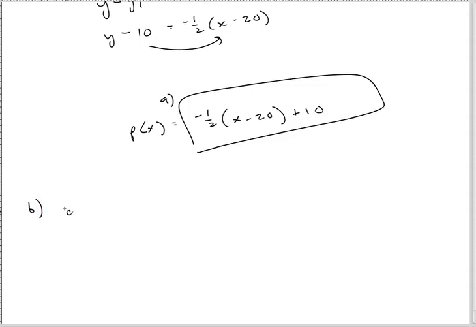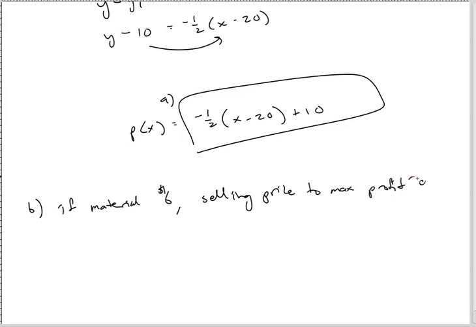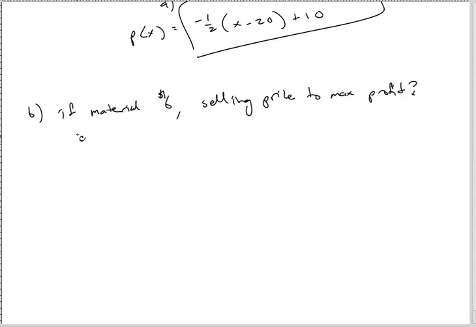Okay, so it says now, if the material for each necklace is $6, what's the selling price to maximize profit? To max profit. Okay, so basically everything we just did was worthless. Well, not really.